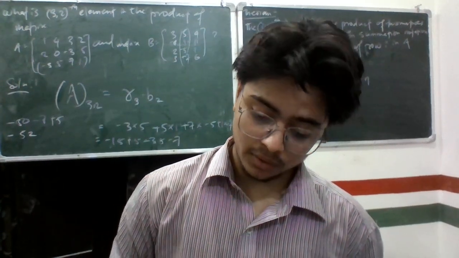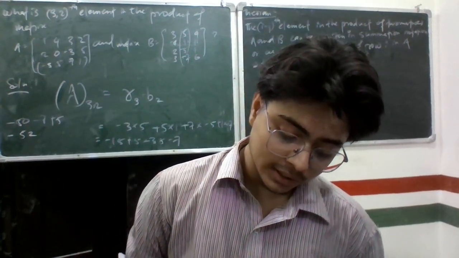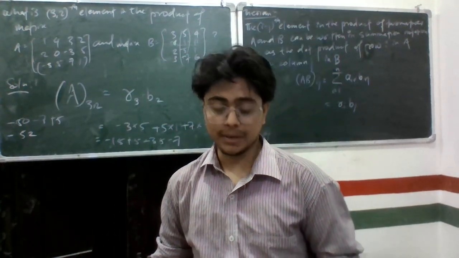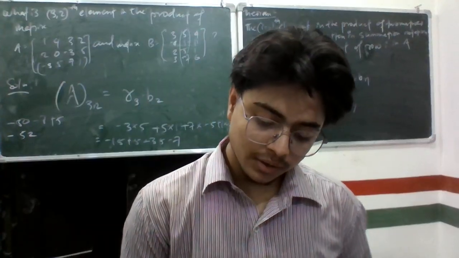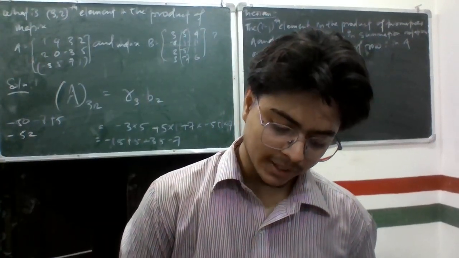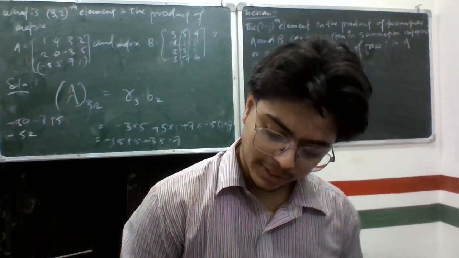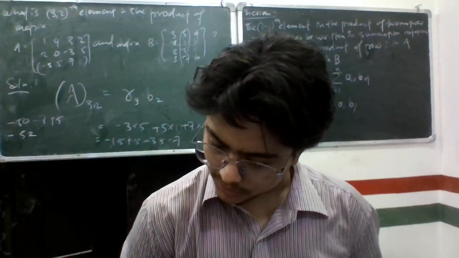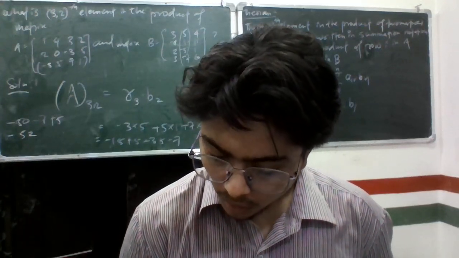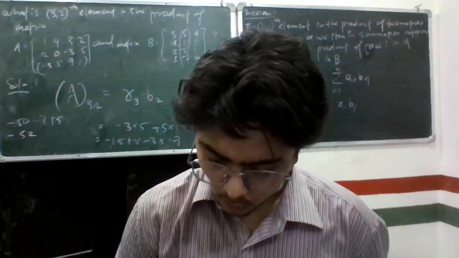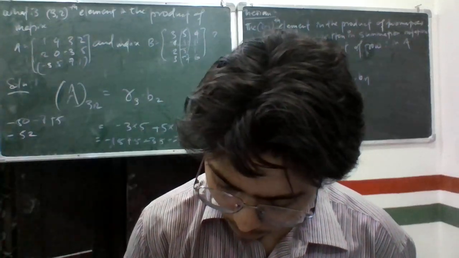Okay, so now let's talk about special matrices. What are special matrices? We already know about some of the matrices, such as square matrices, diagonal matrices, and identity matrices. The identity matrix has an important property here.